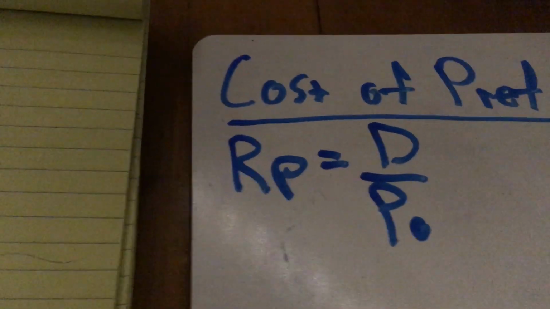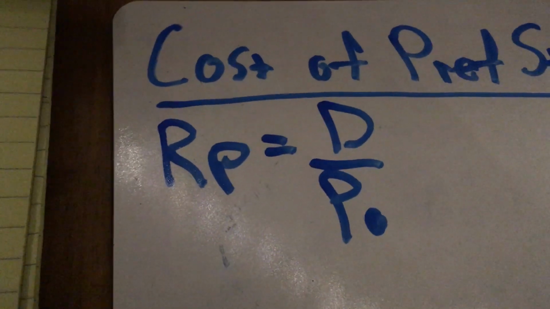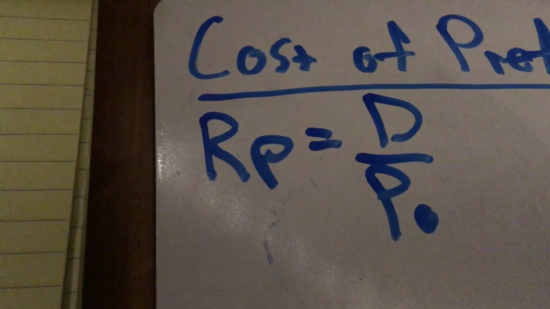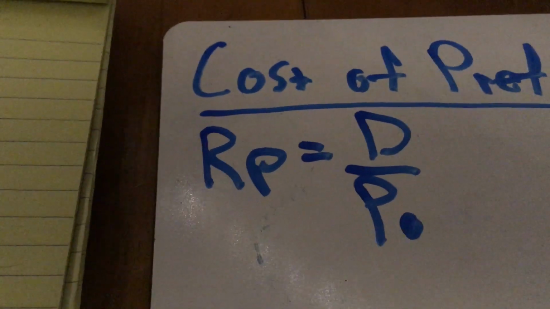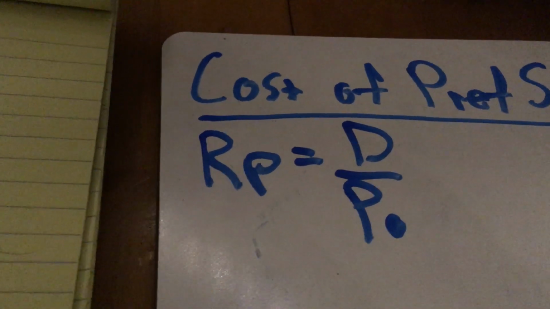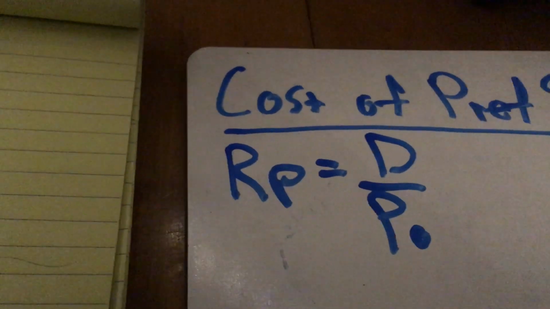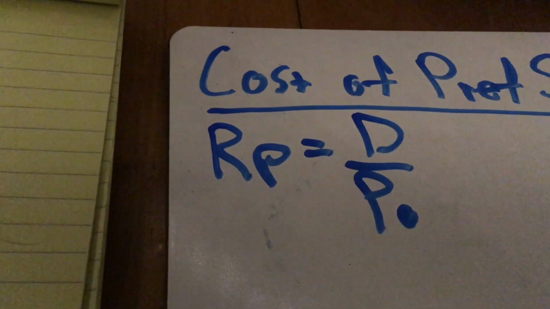The cost, which is the RP, equals the dividend payment, a fixed dividend, divided by the price of the stock. And preferred stock, just like bonds and stocks, the price fluctuates, so you can't use the par value or the original value. You have to use the market value.